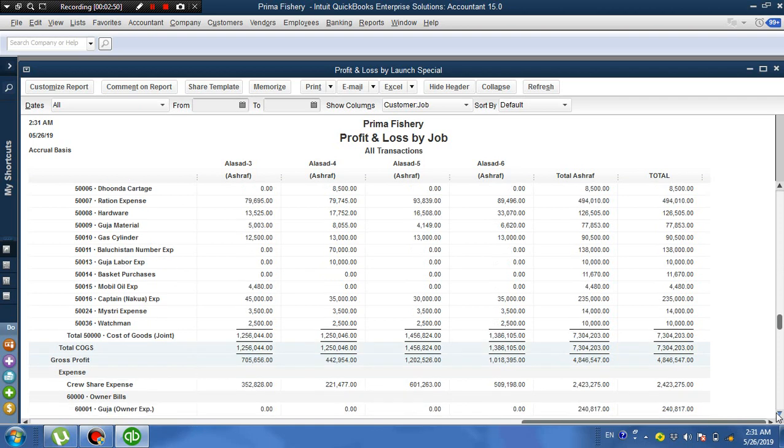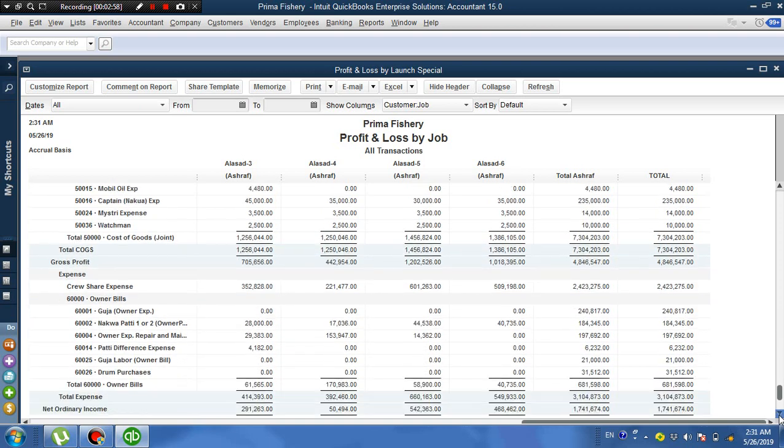I scroll for you in order to see all the heads, all the profit and loss cost heads, then crew share, then owner expenses. Okay, there is one more thing which is necessary to mention here.